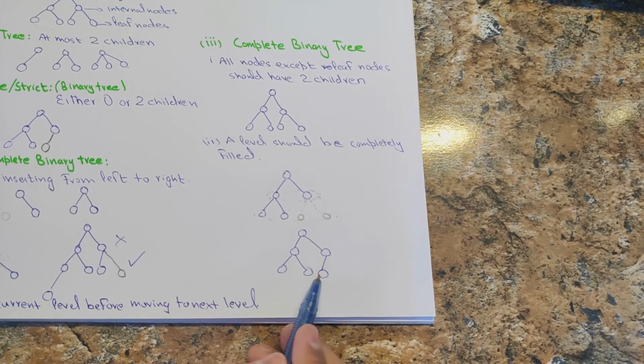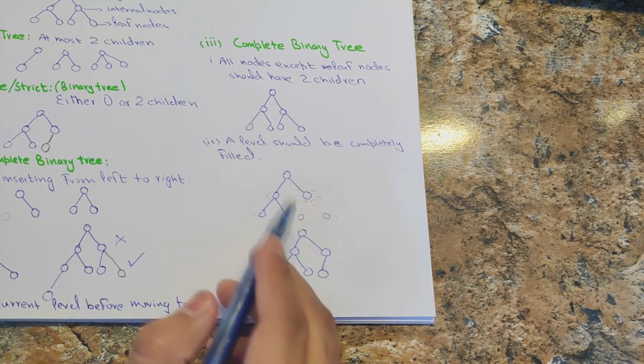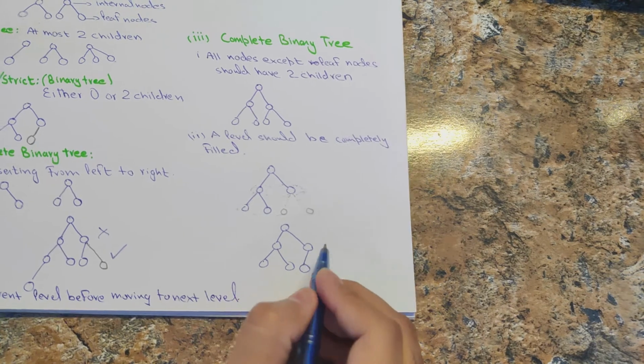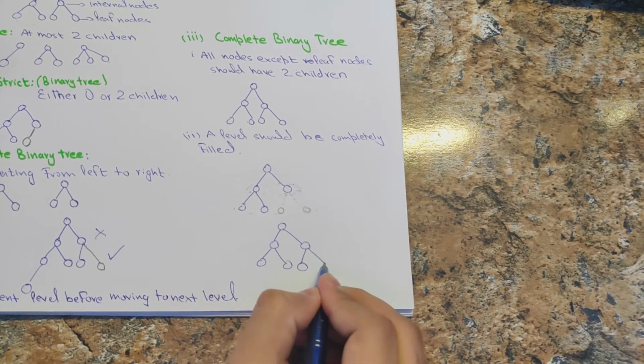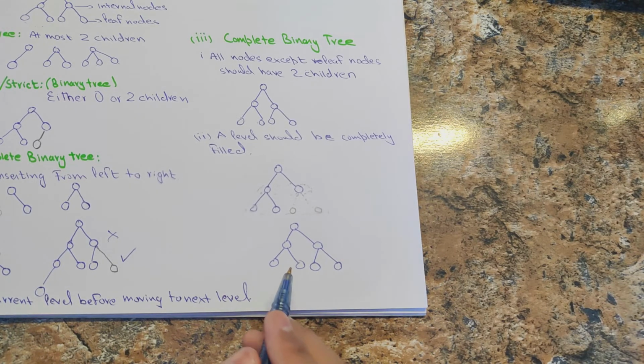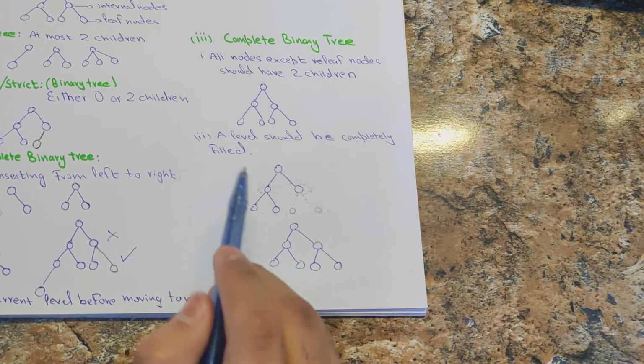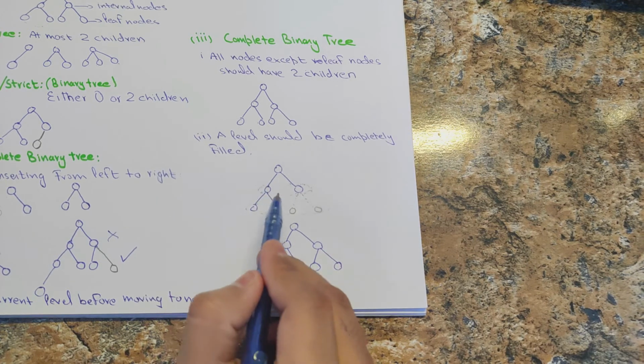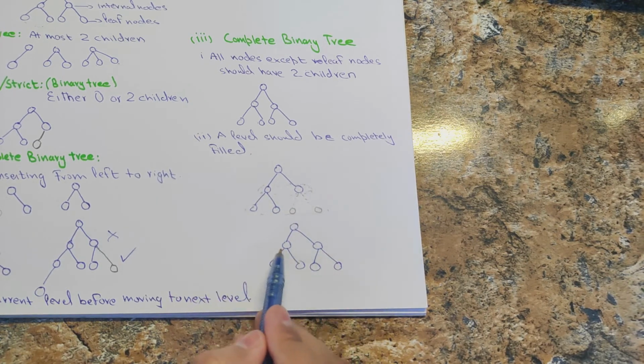No. Why? Because this node has one child, which is not allowed. Every node should have two children. So we will draw it like this. Now this is a complete binary tree. So remember guys, there are two conditions. All nodes except leaf nodes should have two children and every level should be filled.